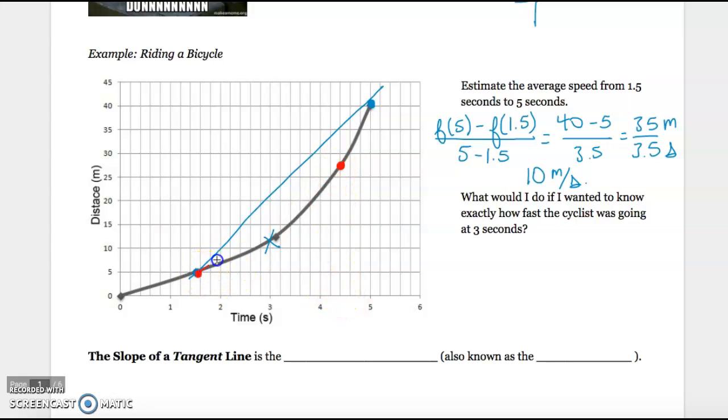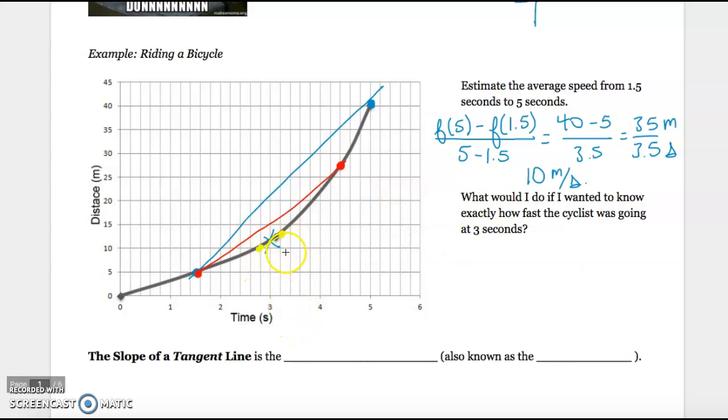4.4, right? That is a line that looks like it's getting closer and closer to the 3 seconds that I care about. And I could even choose points that are like really close to the 3 seconds. So if I chose 2.8 and 3.2, right? That's a line that gets even closer to exactly how fast I would be going at 3.